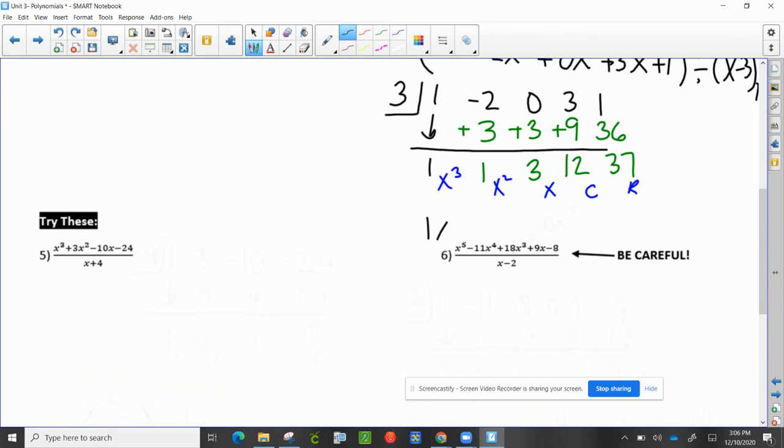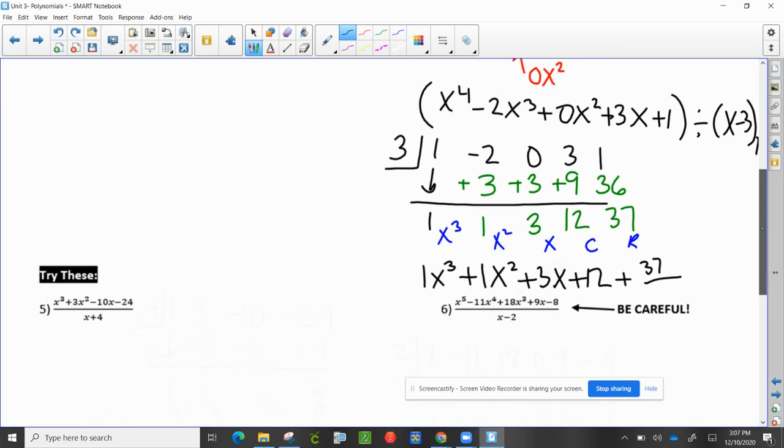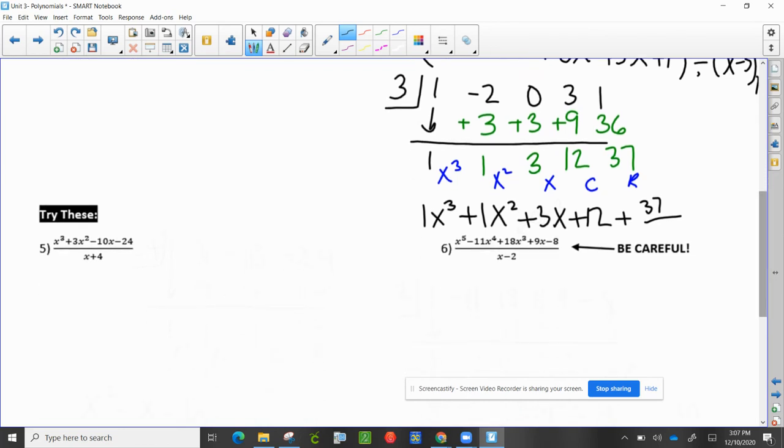We have 1x cubed plus 1x squared plus a 3x plus 12 plus our remainder 37 over our divisor, which was x minus 3.